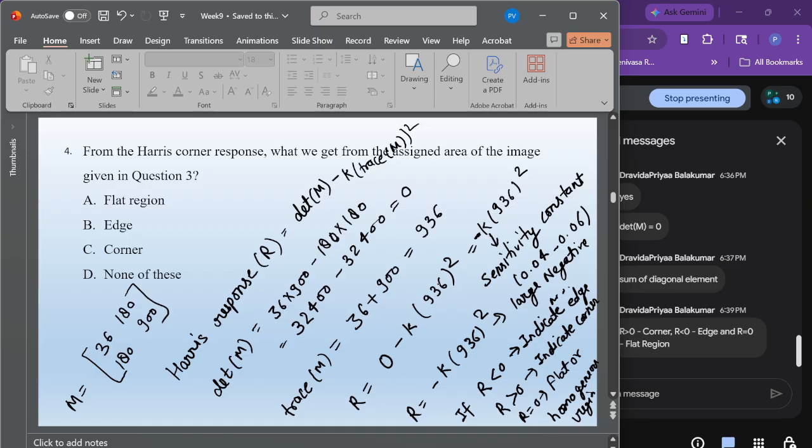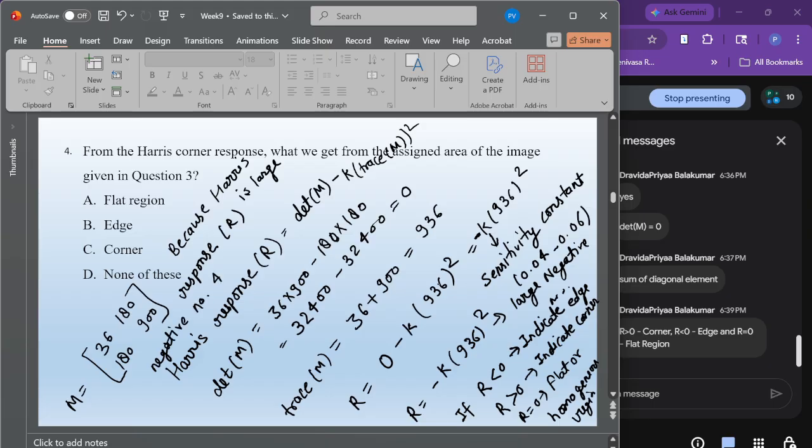So the Harris response indicates an edge, because the Harris response R is a large negative number.